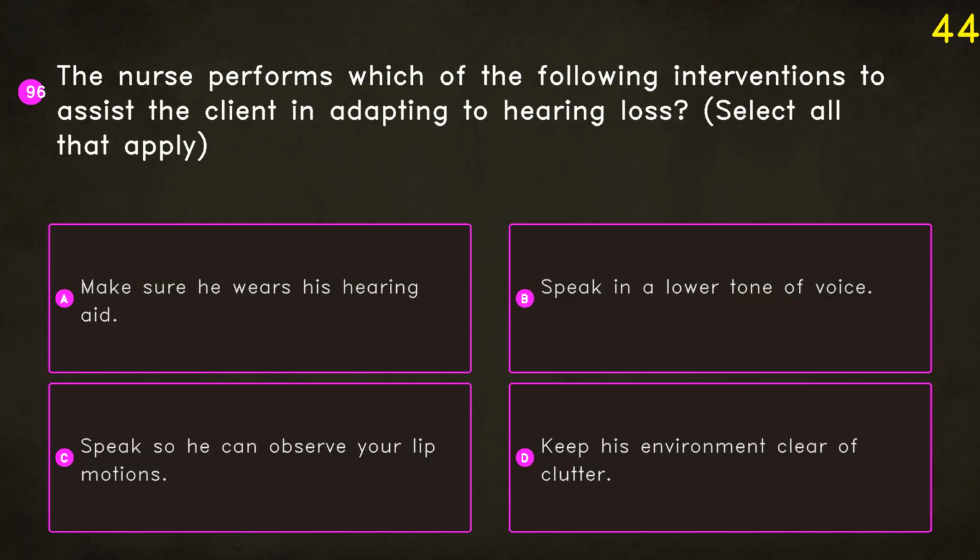Question 96. The nurse performs which of the following interventions to assist the client in adapting to hearing loss? Select all that apply. A. Make sure he wears his hearing aid. B. Speak in a lower tone of voice. C. Speak so he can observe your lip motions. D. Keep his environment clear of clutter.